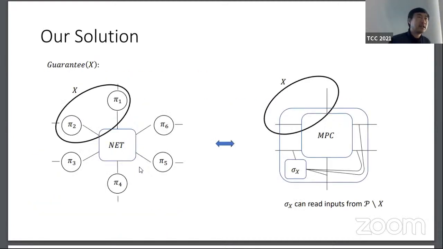And technically, the guarantee for a set X says the data that has been leaked to the adversary so far depends only on the data of parties that are not in X, irrespective of whether they are corrupted or not. So technically, we're saying the simulator can read the inputs of any party that is not in X. And this guarantee has to hold for any set X as long as the set X is honest.